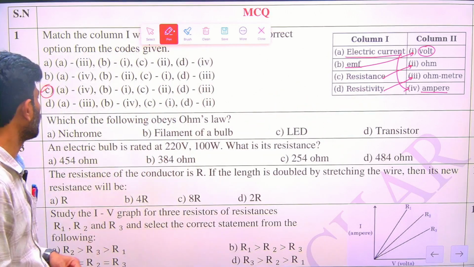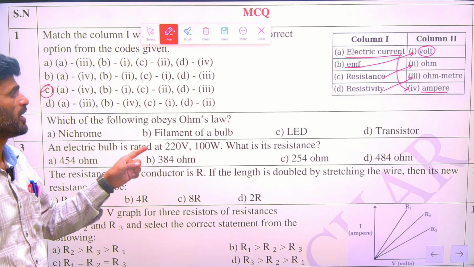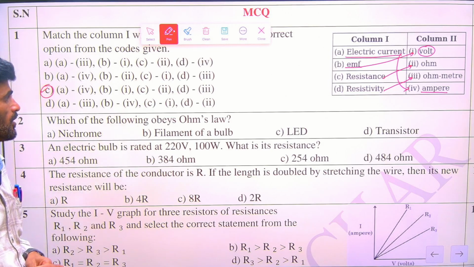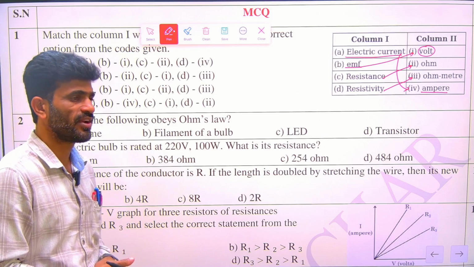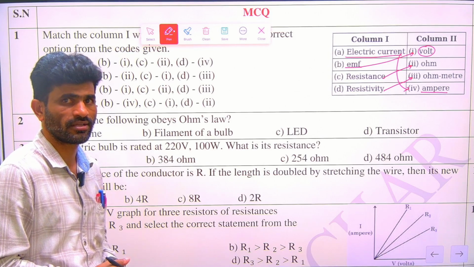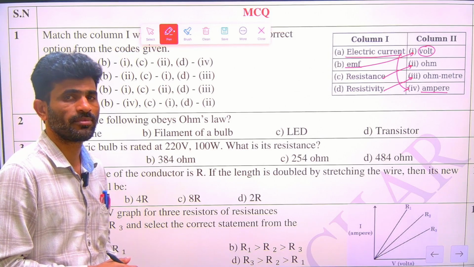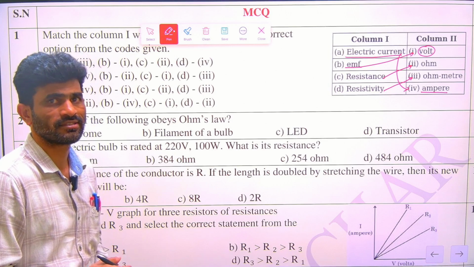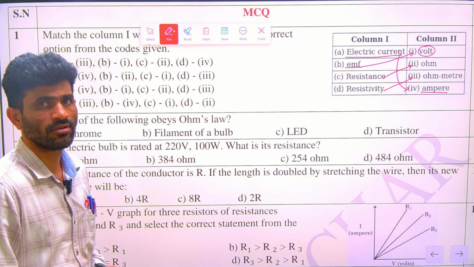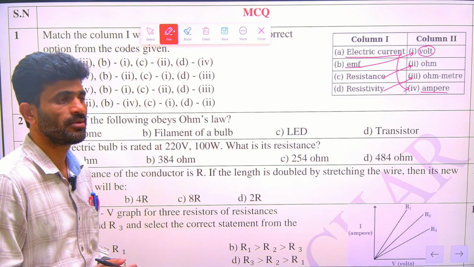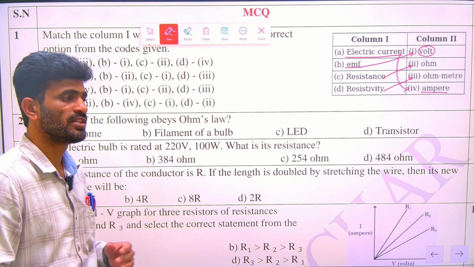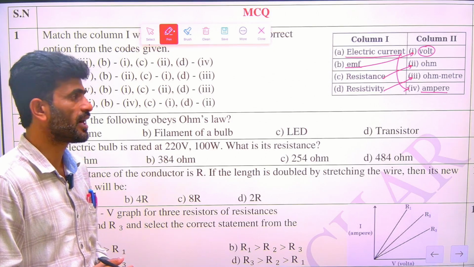Now coming to the second one, which of the following obeys Ohm's law? Hope everybody knows Ohm's law, that is, potential difference is directly proportional to current. This law is followed by some conductors, and some conductors do not follow this law. The conductors which do not follow it, we call non-ohmic conductors, and those which follow it, we call ohmic conductors.